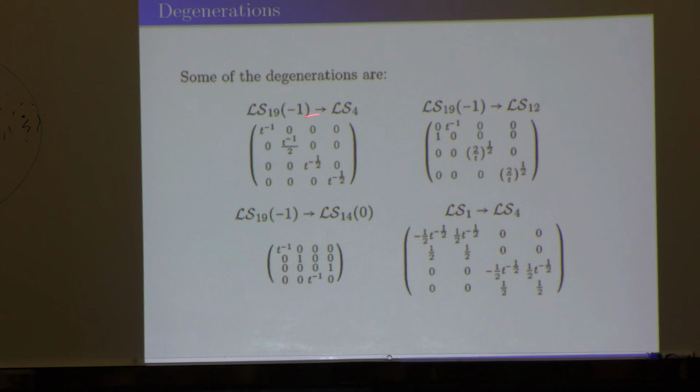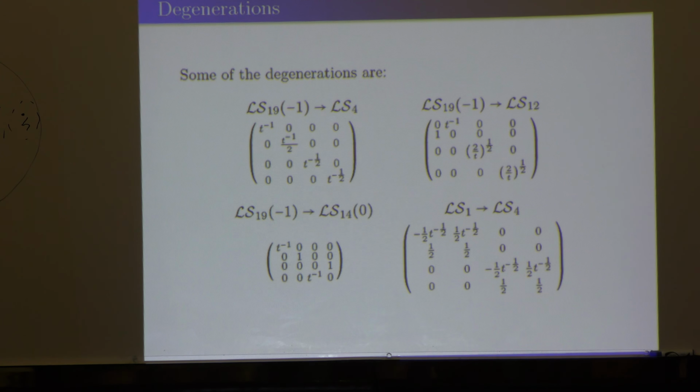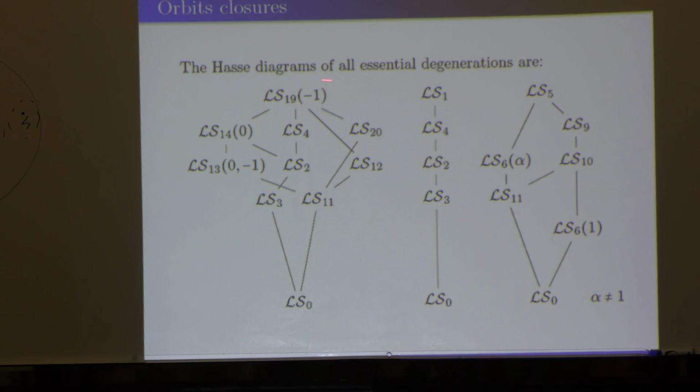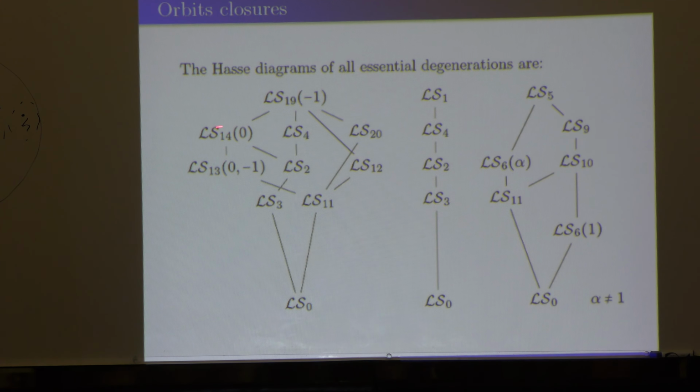What we do is obtain the GT morphism. These are examples. Once you have all this, you can draw the Hasse diagrams. Here, this Lie superalgebra degenerates to 4, to 20. Lie superalgebra 14O degenerates to 13O minus 1, to 2. 2 degenerates to 3, and 3 degenerates to 0, which is the all-zero brackets.